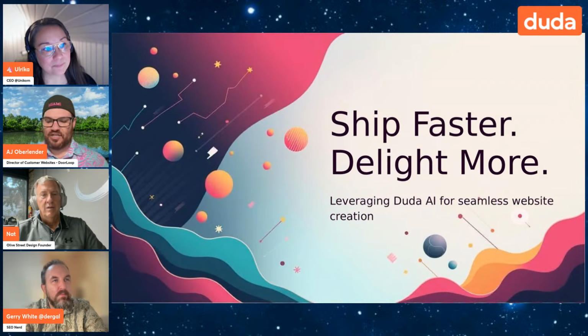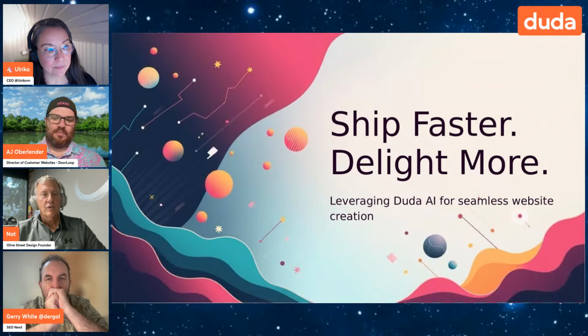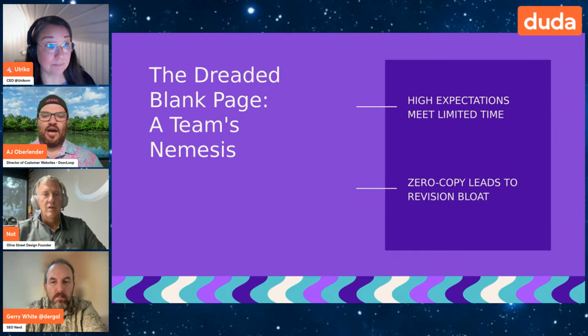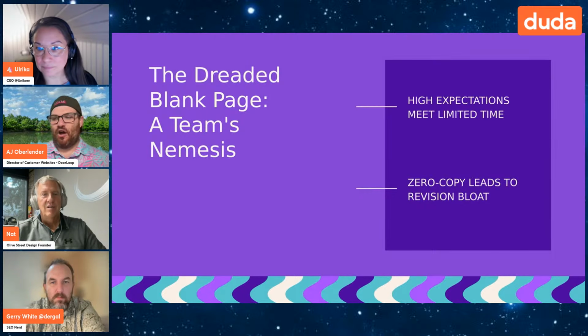We didn't do a lot of customization, no real SEO until recently, and so as Duda started to release more and more of these AI tools, we started to play around with, can we use these to offer custom websites when people really don't want to use a template?